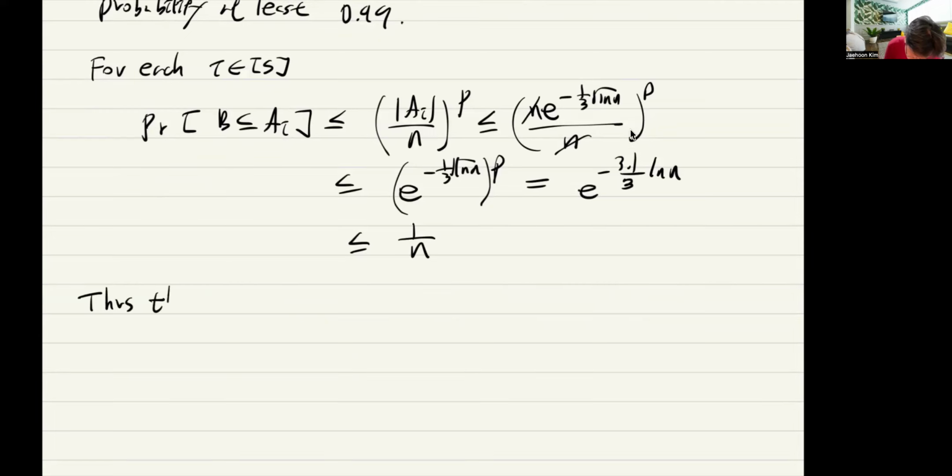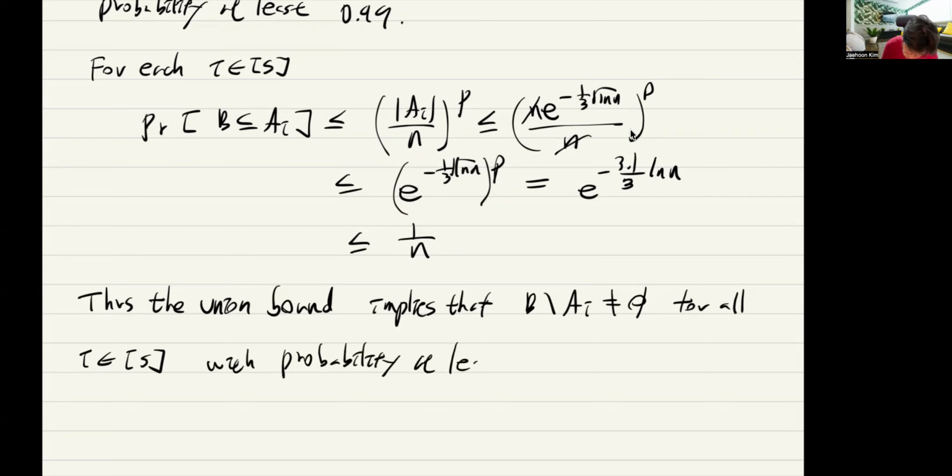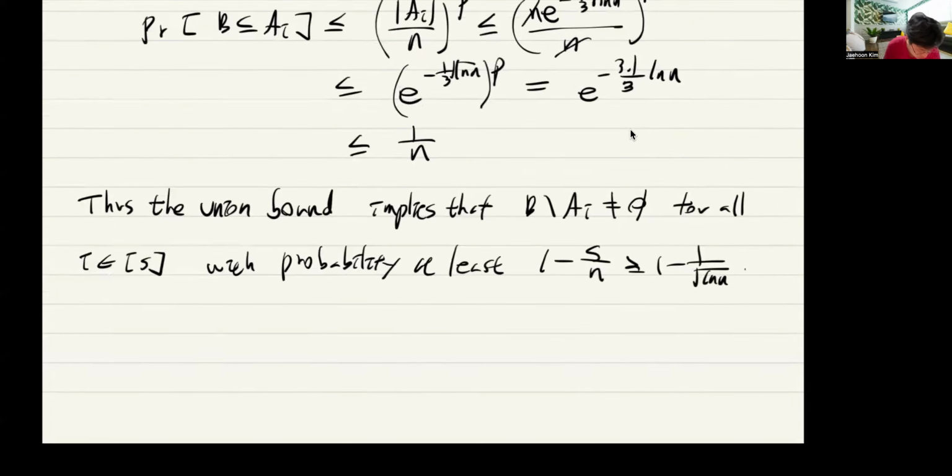Thus, the union bound implies that, if not contained in A_i, for all of them, with probability at least 1 minus f over n, which is at least 1 minus 1 over square root of log n. So very close to 1.